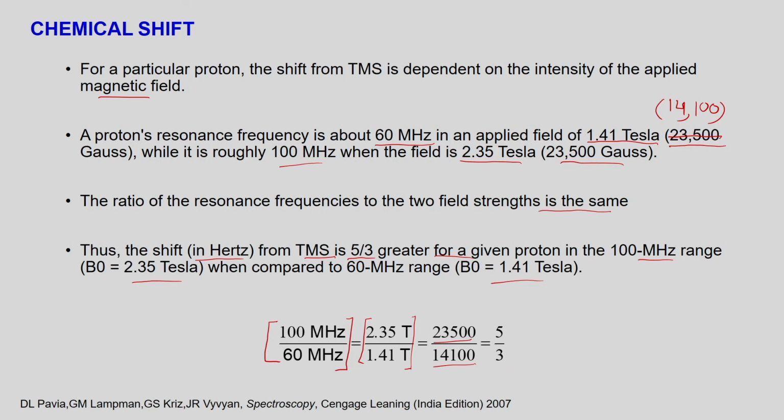So, the shift from TMS is 5/3 greater. If you have a 100 megahertz field, the particular shift will be 5/3 times greater than that observed at 60 megahertz. Hope you understand. We will see more examples, then it will be much clearer.